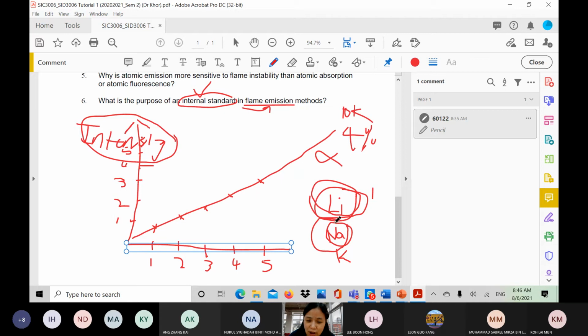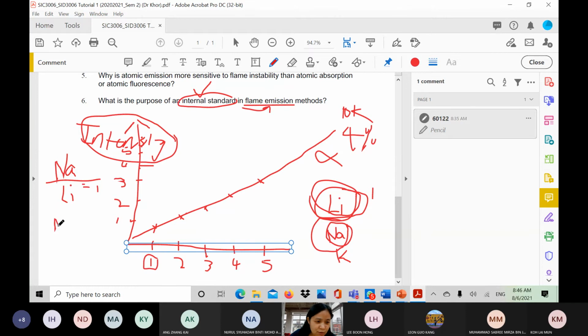So instead of the absolute intensity, we get the ratio of the intensity of the target analyte versus the intensity of the internal standard. If you have 1 ppm of sodium and 1 ppm of lithium internal standard, the ratio is 1.